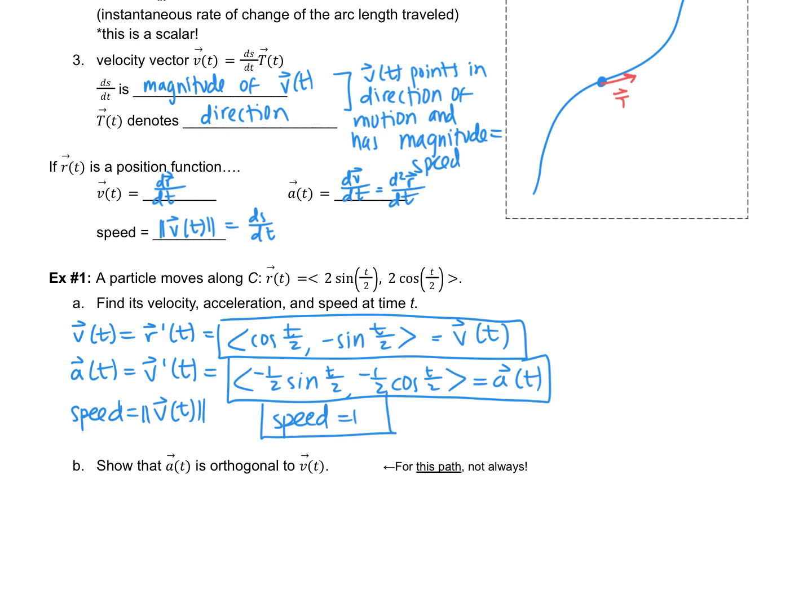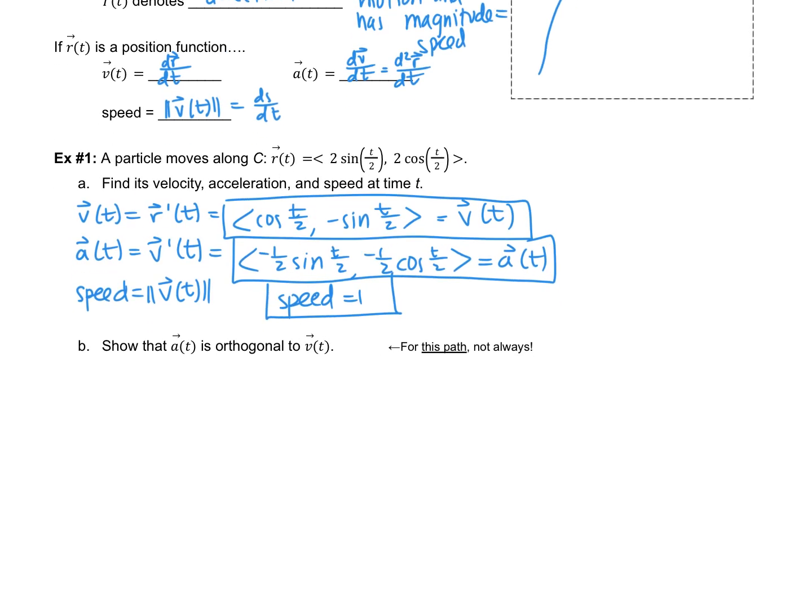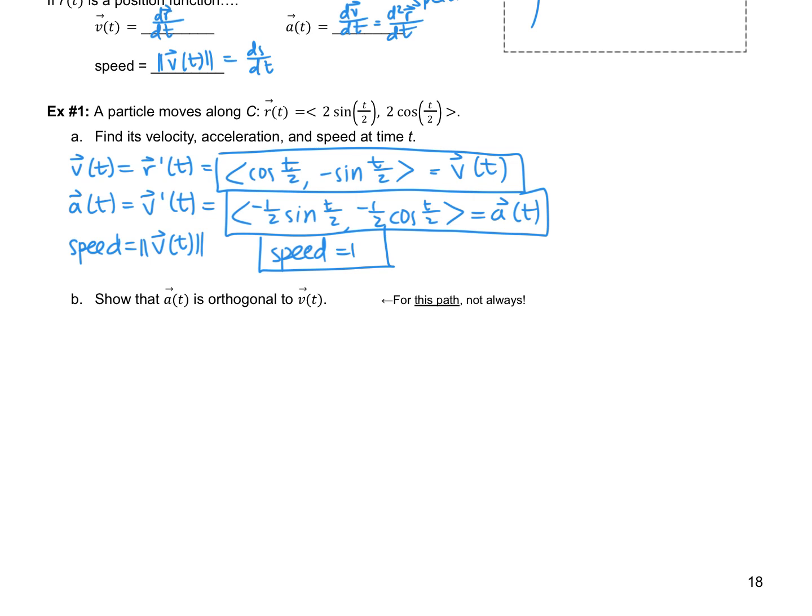Okay, and then part B, we are showing that acceleration is orthogonal to velocity. I want to make sure we understand that this is for this path only. That is not for all paths, but for this path only. If we think about showing that 2 vectors are orthogonal, we've done that before. Orthogonal means that their dot product is going to be 0. So we need to take acceleration and dot it with velocity.